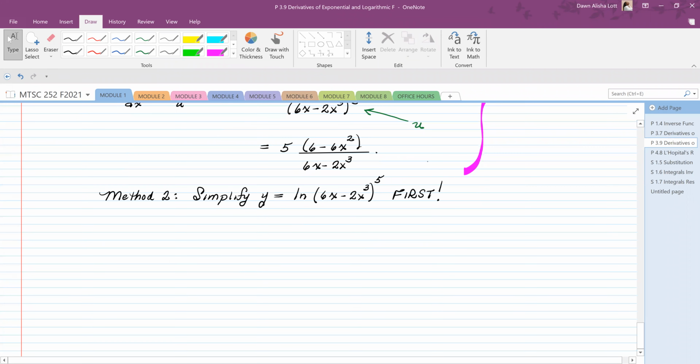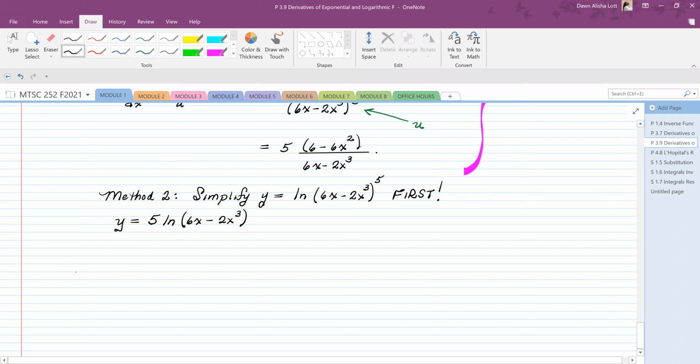So we say then that y, by the logarithmic powers, becomes 5 times the natural log of 6x minus 2x cubed.